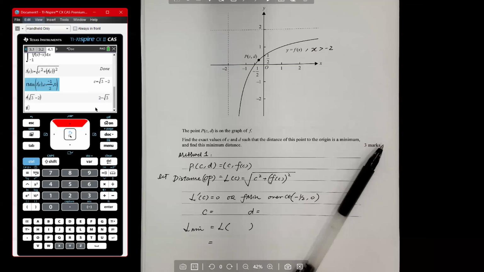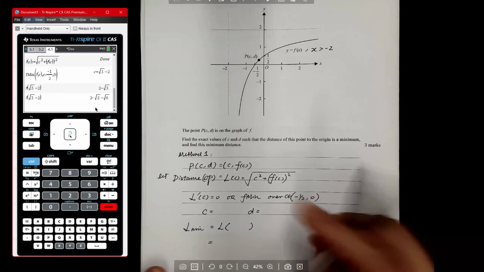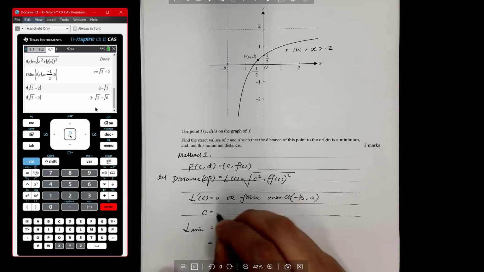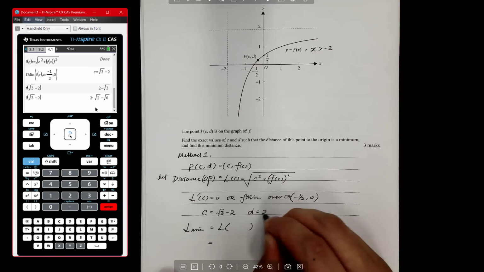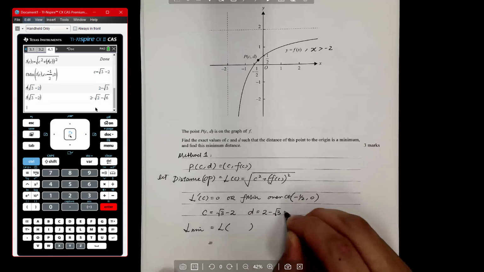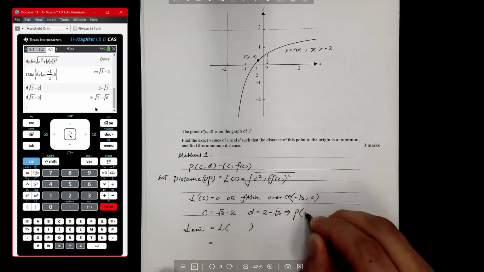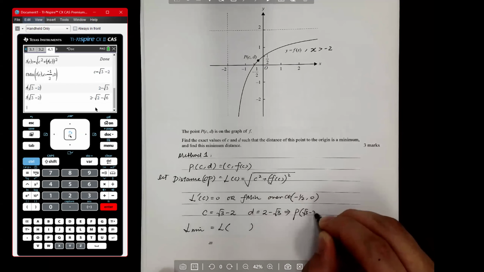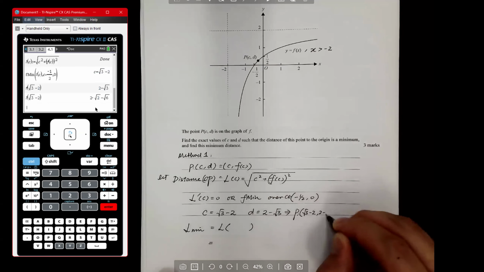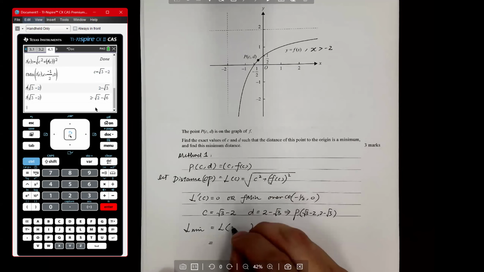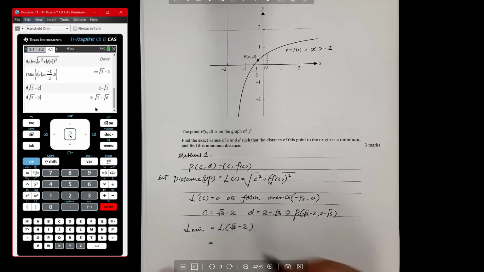And L of this expression is 2 root 2 minus root 6, okay? So P is (root 3 minus 2, 2 minus root 3), and the distance is 2 square root 2 minus root 6.